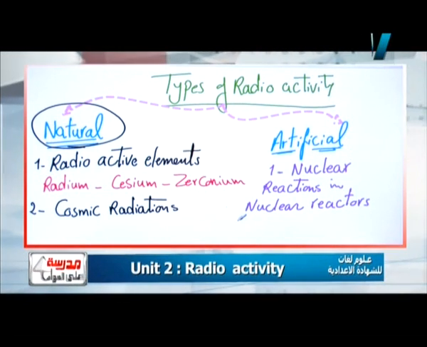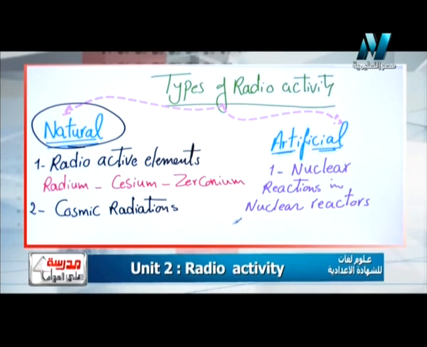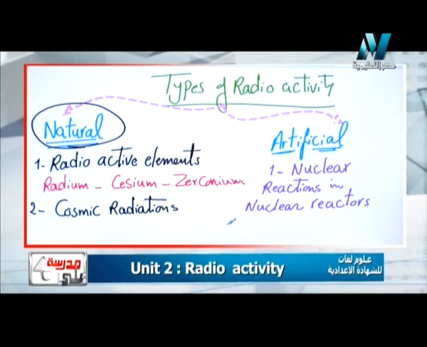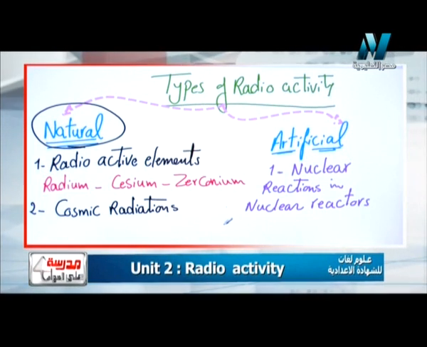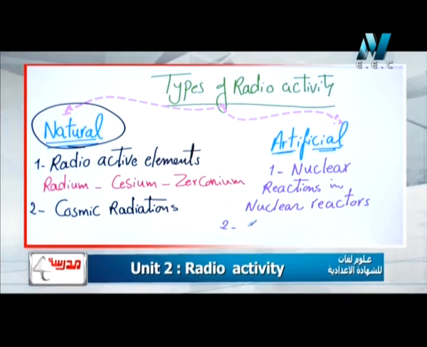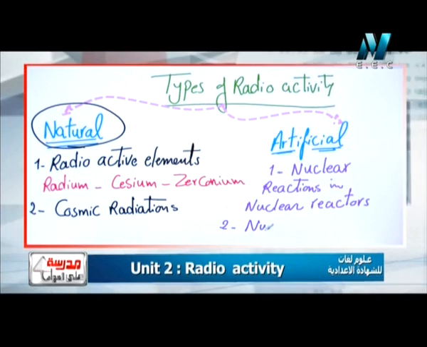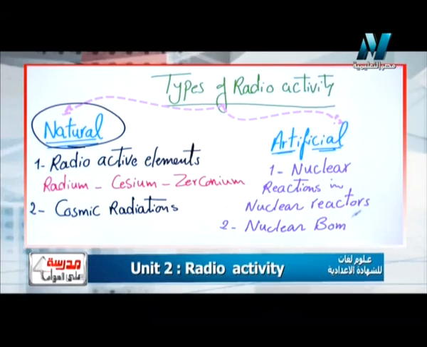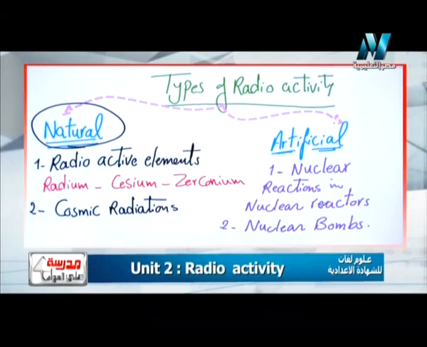So this artificial radioactivity or radiation is controlled, we can control it by human. And at the same time, we use here as a type of artificial radioactivity nuclear bombs.